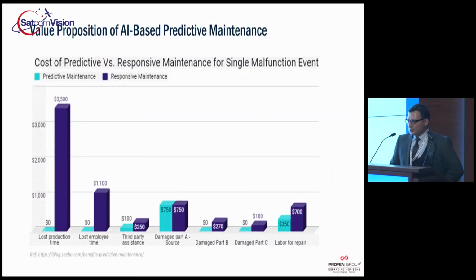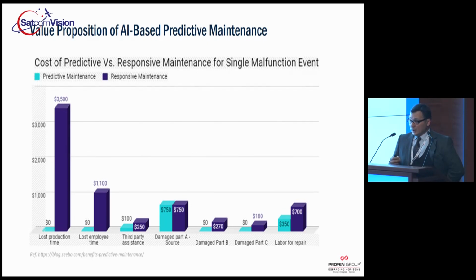This is the value proposition of AI-based predictive maintenance. It's order of magnitude. Yes, of course, you have to make some CapEx before installing the system, but for the lost production time, the purple ones are the results of responsive maintenance.